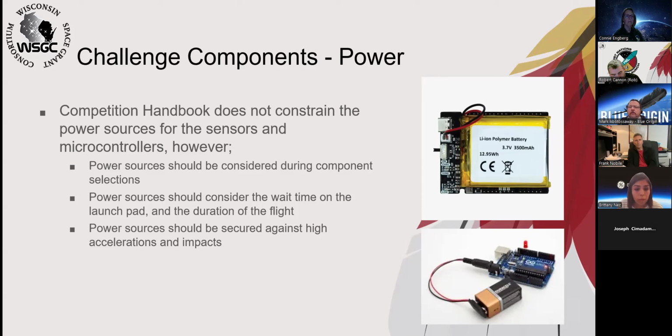You can also do a manual power. Actually, that's probably more on the switch side. We'll wait till the next slide for that discussion. Make sure that your batteries are secure. We don't want a LiPo battery falling out, as they can be pretty dangerous if they're not secured.